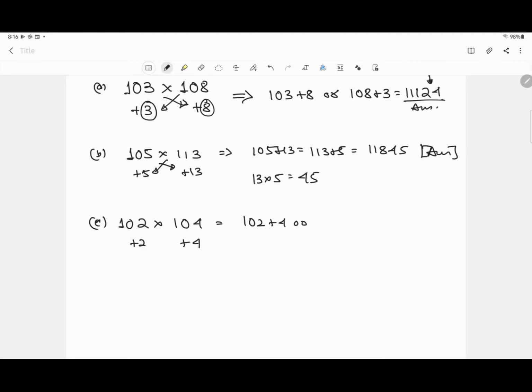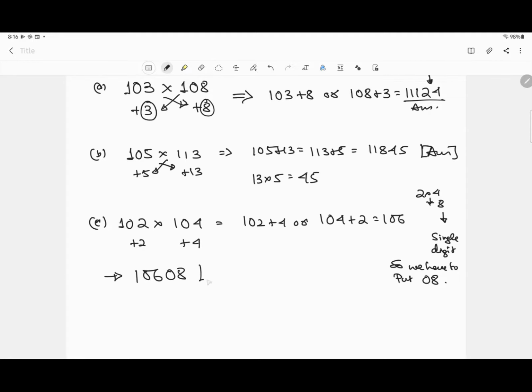But here you see 2 into 4 is a single digit number which is 8, but I have told you that we have to put a double digit number after the sum, right? So what will we do here? We will put 08 instead of 8. So the answer is 10608. Okay, simple. I hope you will remember this.